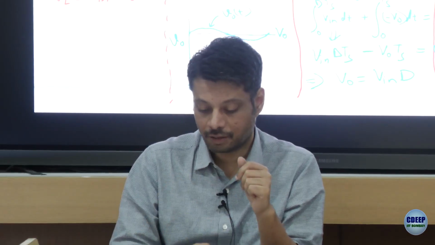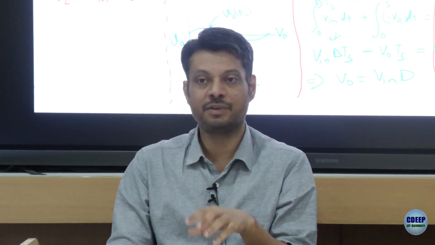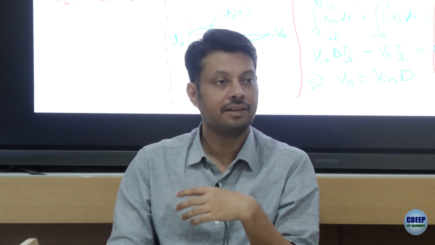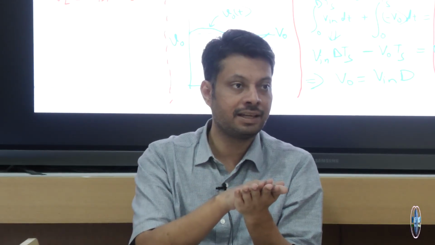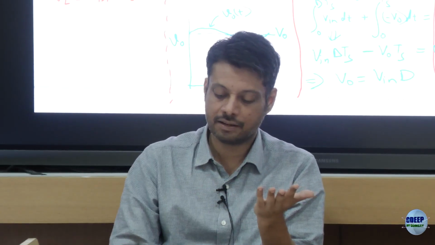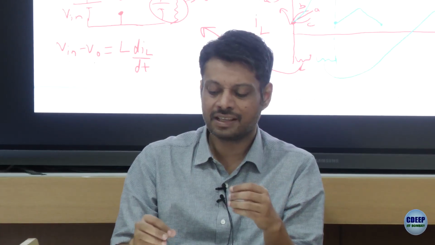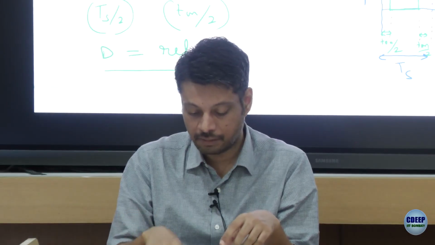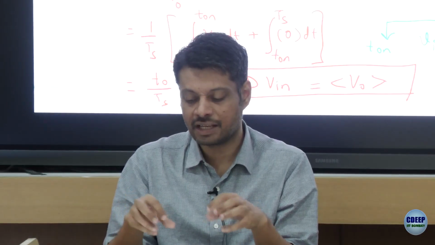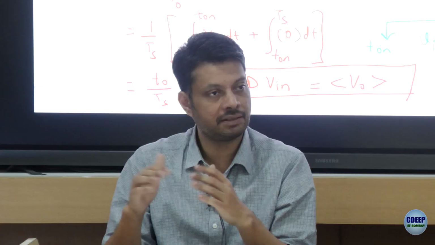No, we are not. So what he is thinking is, in the last lecture, if you remember, we derived this expression V naught is equal to D times Vin, right? So we are not starting from V naught equal to D Vin; we are deriving it again, using a slightly different approach. Earlier we derived it by using an approach that the filter is a low pass filter.